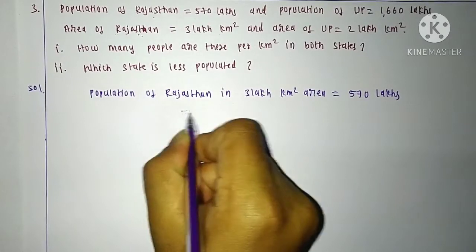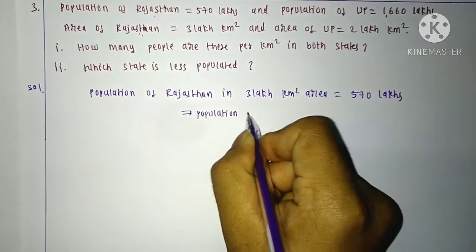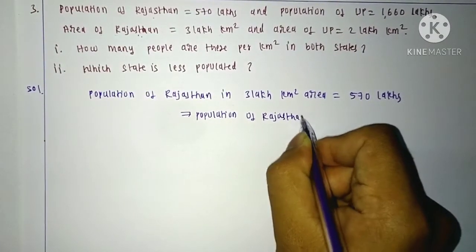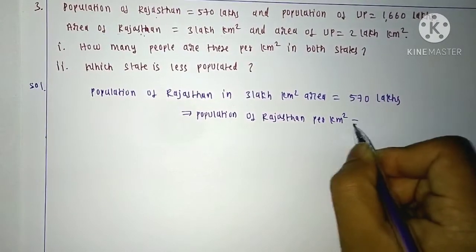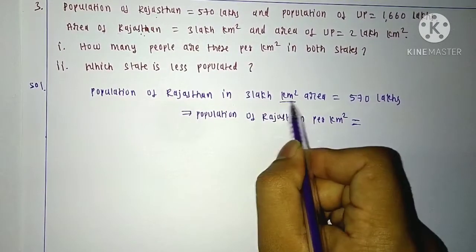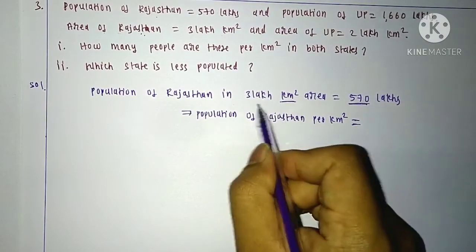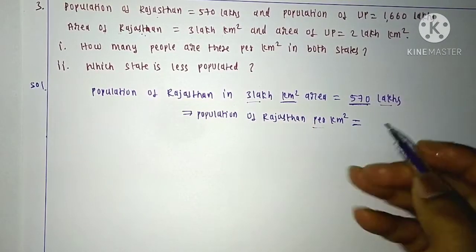That implies we need to find the population of Rajasthan per kilometer square. So if you divide 570 lakhs by 3 lakhs, then you are going to get your required answer.